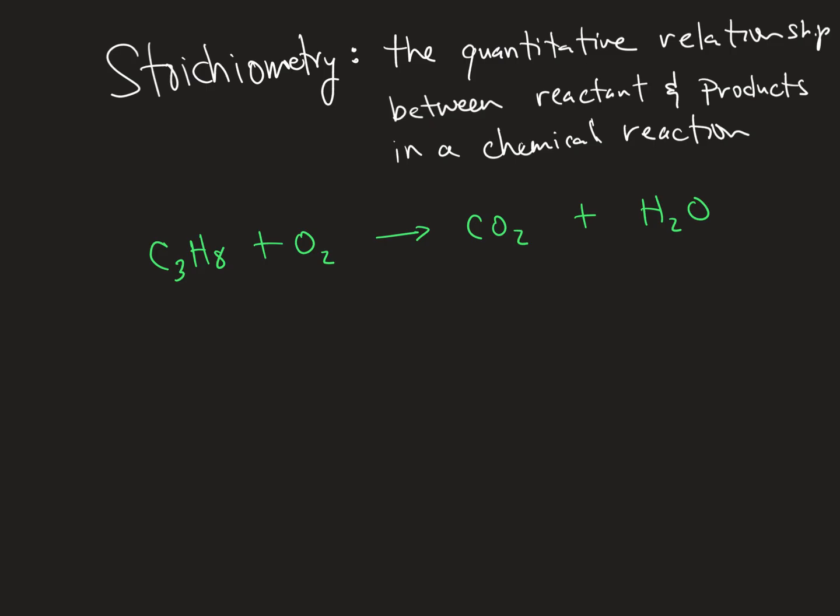All right, so where are we going to start to balance this? Carbon, hydrogen, or oxygen? The biggest one. Yeah, we'll start with hydrogen. There's 8 on the left, so what number goes here to make 8 on the right? 4. That gives us, let's see, now let's do carbon. We have 3 on the left, so we need a 3 right there to have 3 on the right.